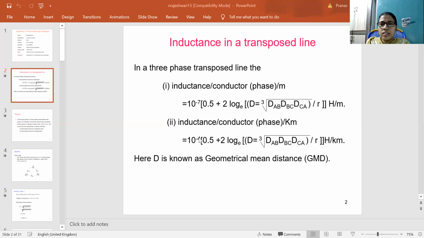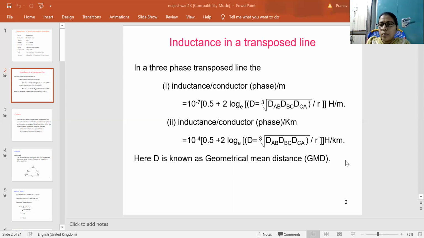Per kilometer, it is given as 10 to the power of minus 4 into 0.5 plus 2 log of D equal to the cube root of DAB, DBC, DCA, divided by R, Henry per kilometer. Here D is known as the geometrical mean distance, that is GMD.